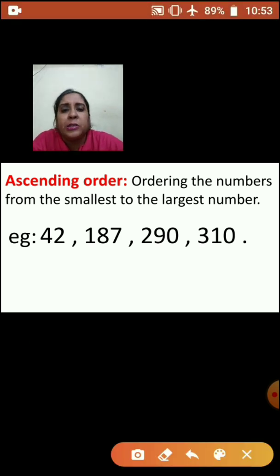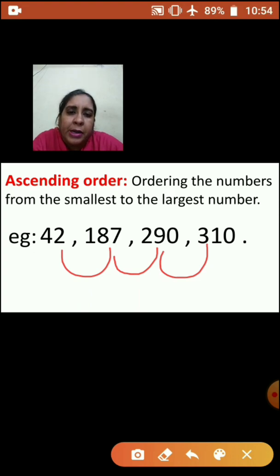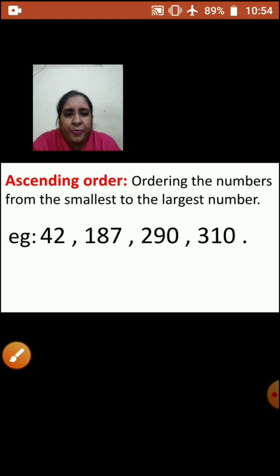Now if you see these numbers, 42 is smaller than 187, right? 187 is smaller than 290 and 290 is smaller than 310. So it means the numbers are arranged from small to big. So this is called ascending order.